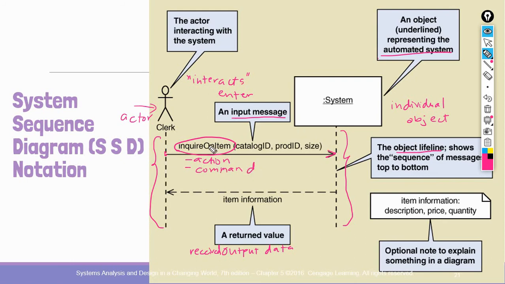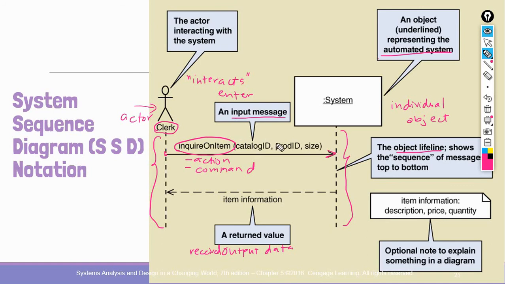So notice that in this figure, the input message is called inquire on item, meaning the clerk is sending a request, or a message, to the system to find an item.